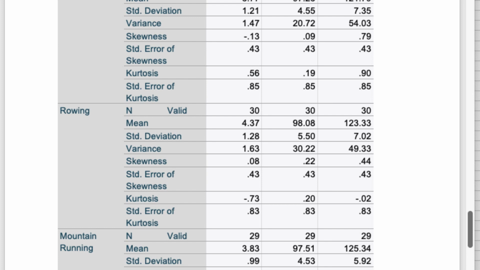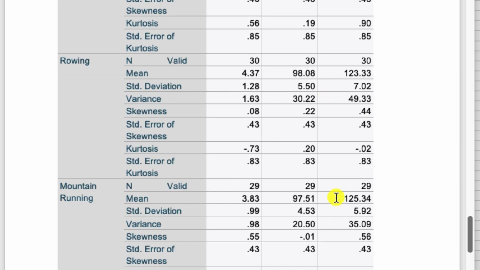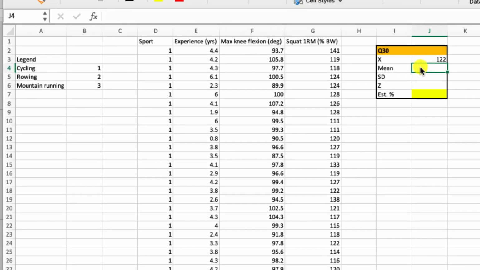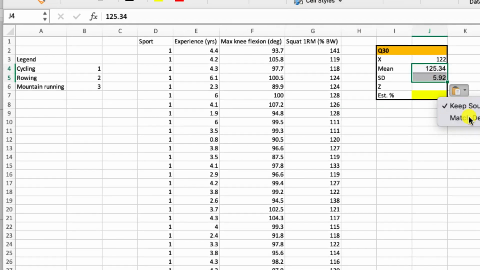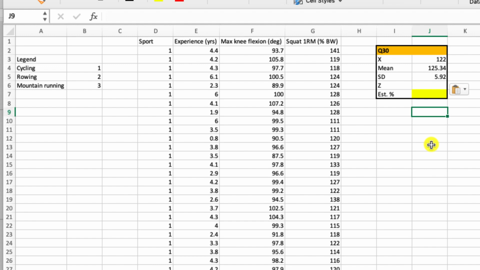Or we could use this table, squat 1RM, and we have our mean and standard deviation values for mountain runners down here. So I'm just going to copy those and paste them into my spreadsheet.